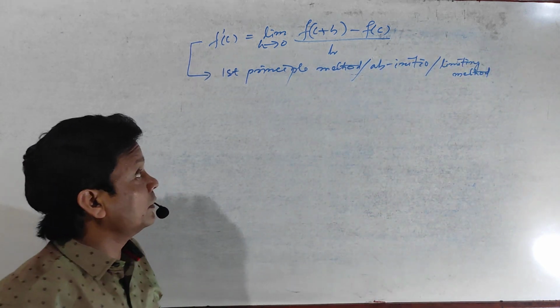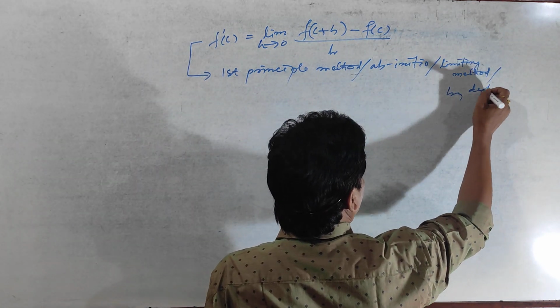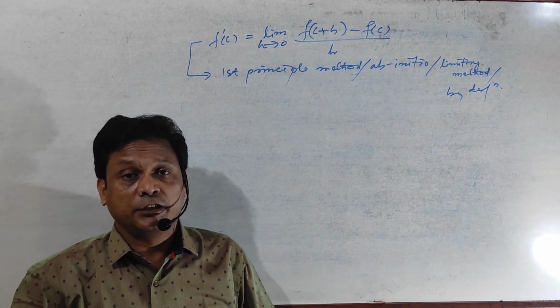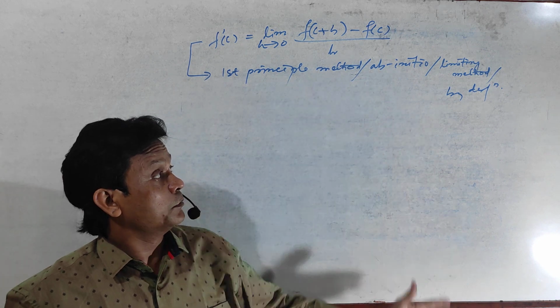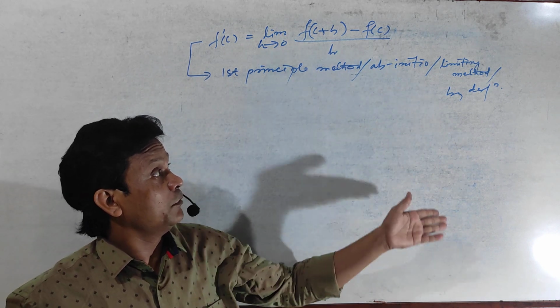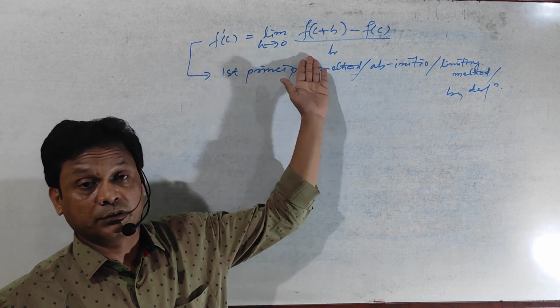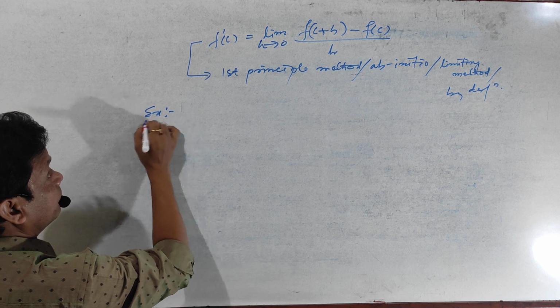You can say by definition. If your question is to find the derivative using first principle method, or using definition, or using limiting method, or ab initio, then you should use this formula. Clear? See, another example I am giving you.